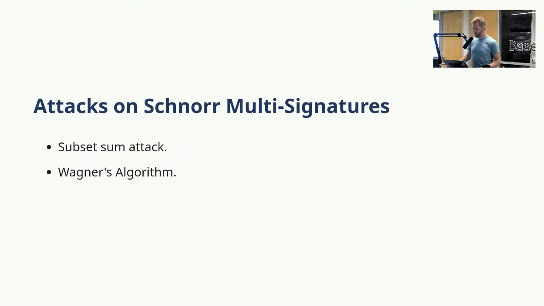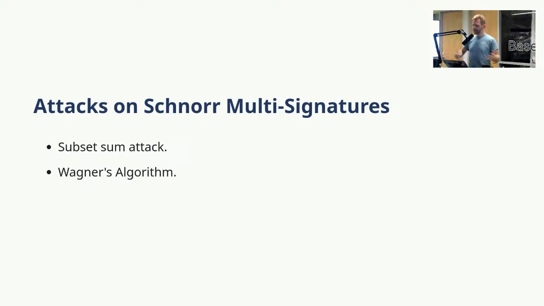There's a particular attack you can do, called a subset sum attack. Essentially, if you have a large set of numbers, a subset sum attack is an efficient way to search through those numbers to find some small group of numbers within that larger set that sum to a value you're interested in. And this value is usually a message that you're trying to forge.